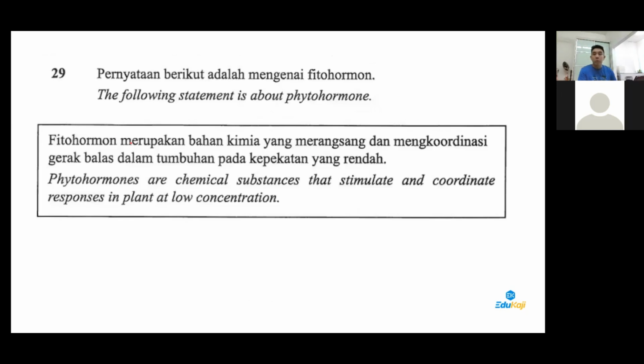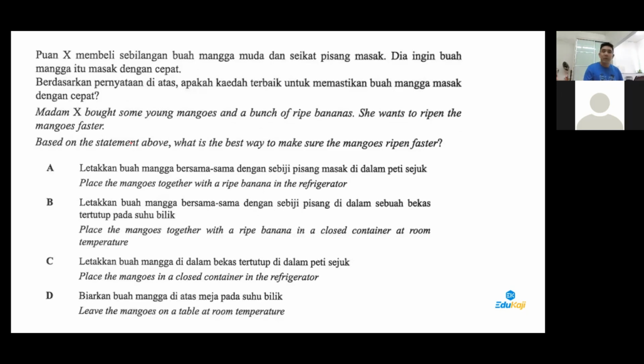29, phytohormone, meaning plant hormone. Puan X. What a funny name. Normally we put A or X, we usually label things like that. Madam X bought young mango and ripe banana. She wants to ripen them. Ripen, we straight away know it is ethylene.